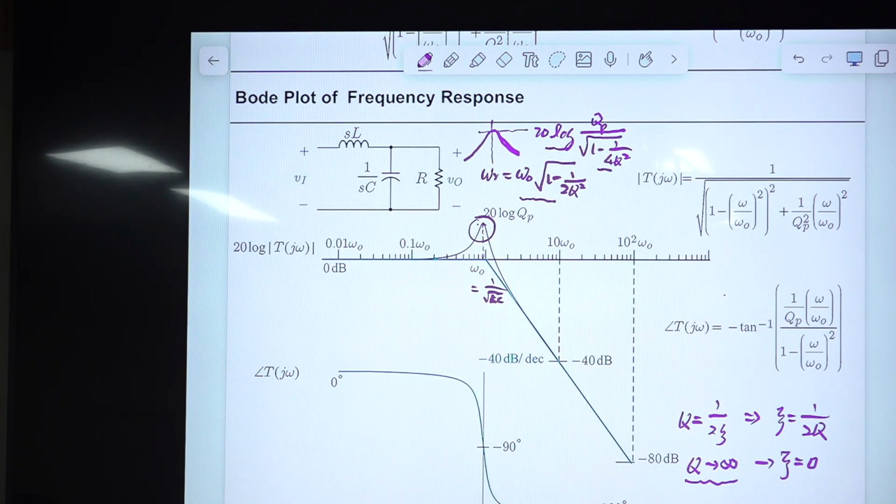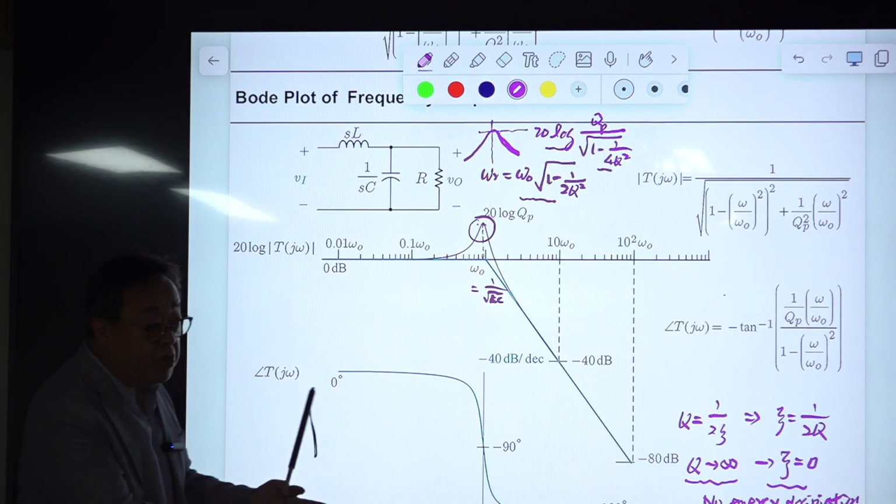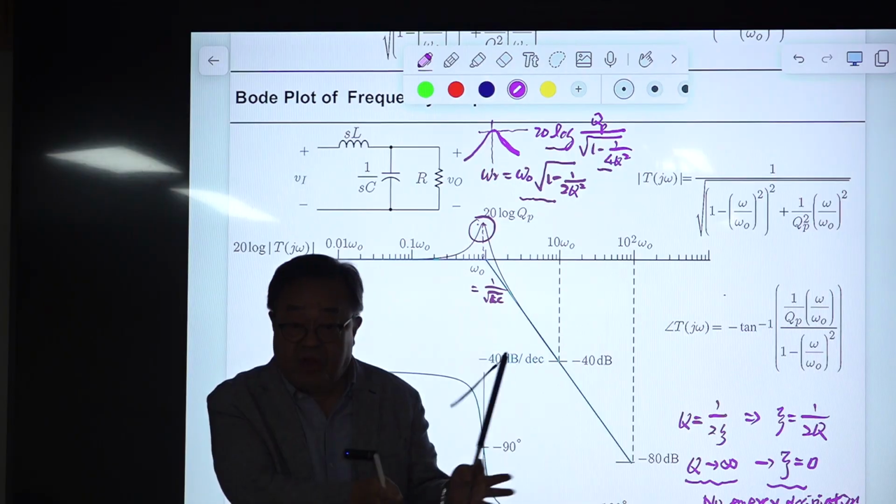This means the same thing: no energy dissipation. That means there is a lossless exchange of energy between L and C without any loss.